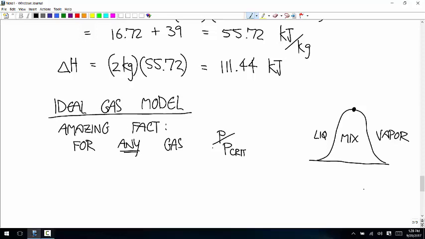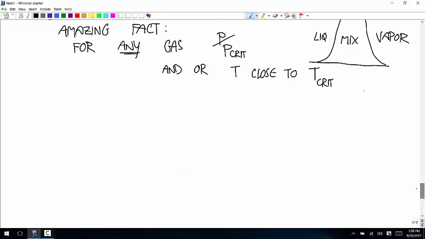And for any gas where the pressure is low enough, or the temperature gets close to the critical temperature, if you take the limit of P times the molar specific volume of the gas divided by the temperature, as the pressure of the gas goes to 0.